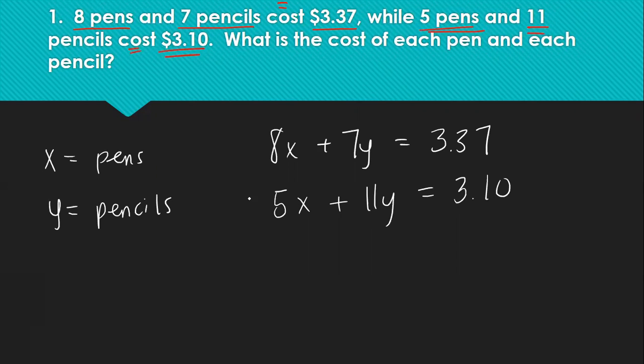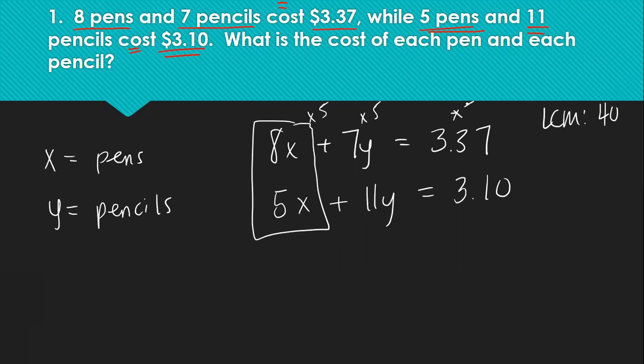If I choose to eliminate x, I ask myself, what is the LCM of 8 and 5? The LCM of 8 and 5 is 40, right? So I'm multiplying everything at the top by positive 5 and everything at the bottom by negative 8.